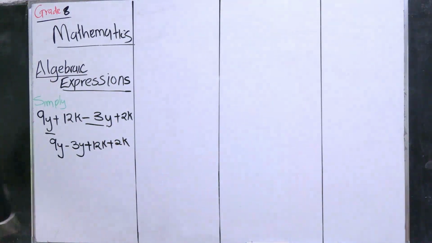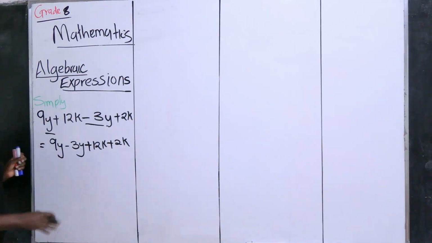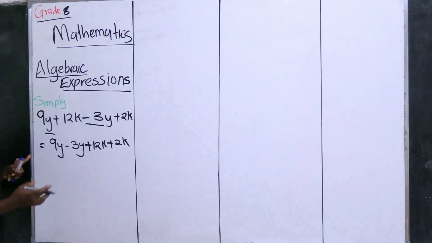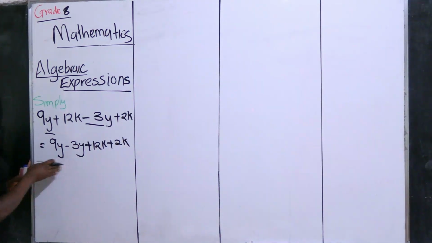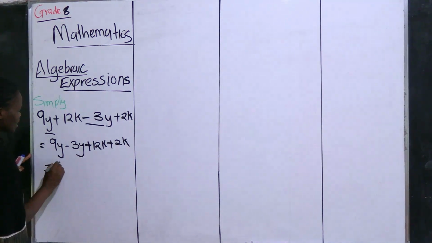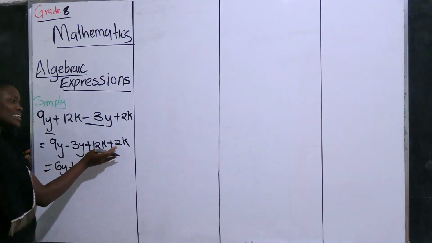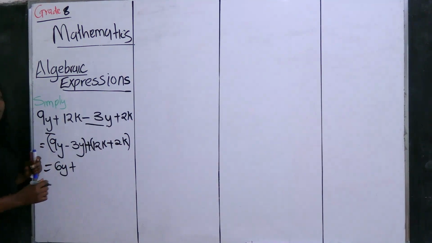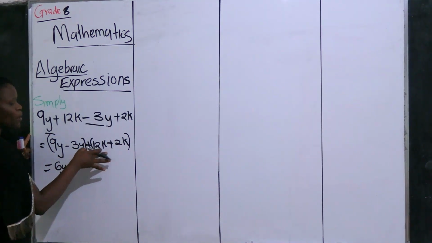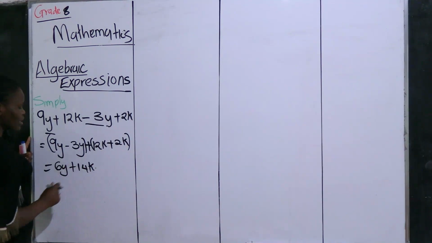Now after getting this, we can add the unknowns or subtract them. 9y minus 3y will give me 6y, plus 12k plus 2k will give me 14k.